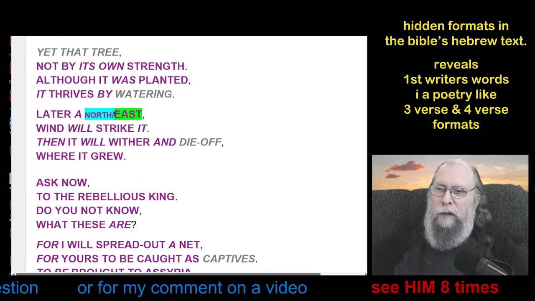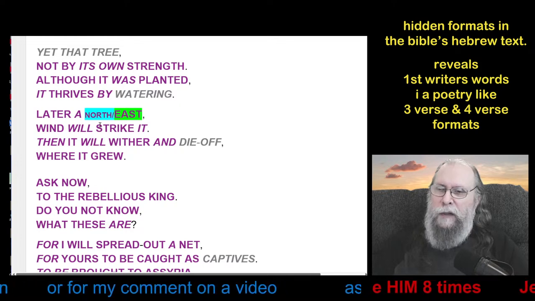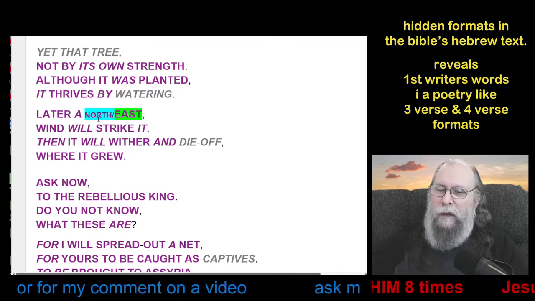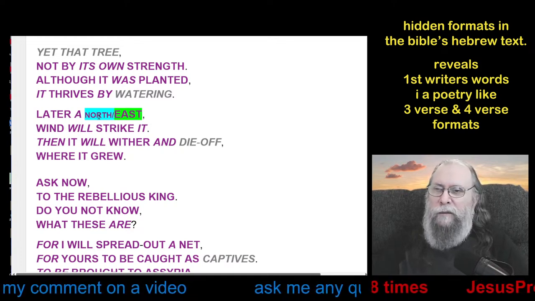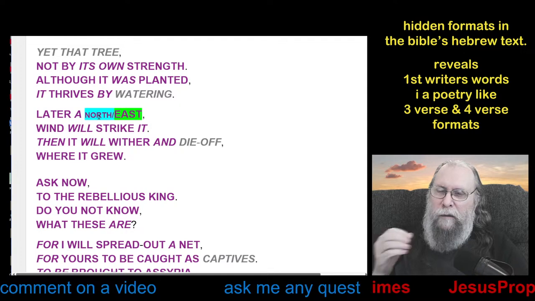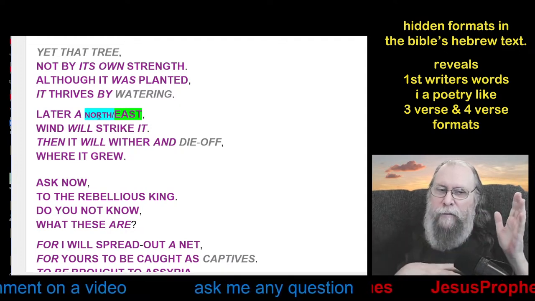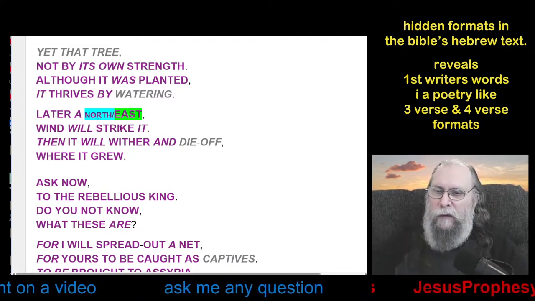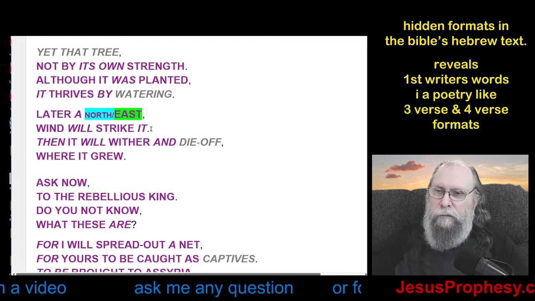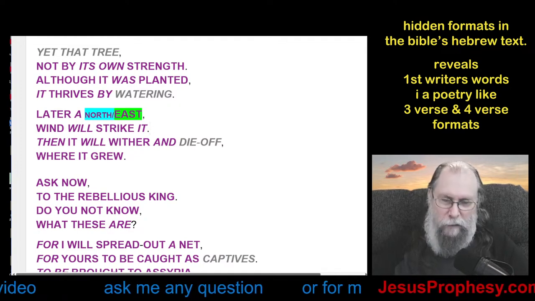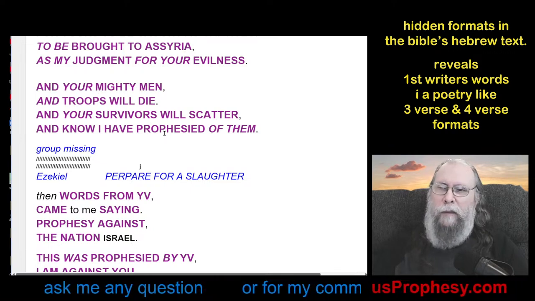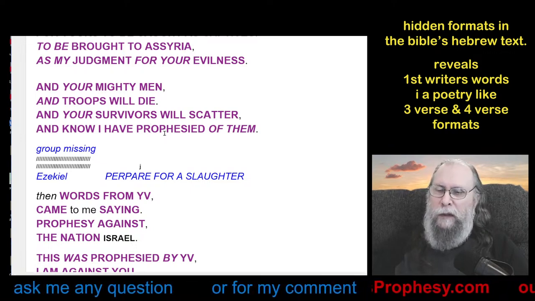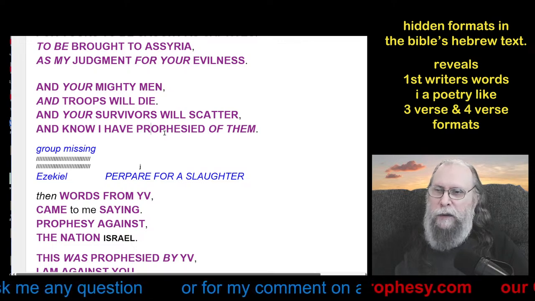This is, yeah, later an east wind will strike it. This is Babylon, not Gomer from above, but Assyria moving over, conquering Assyria.